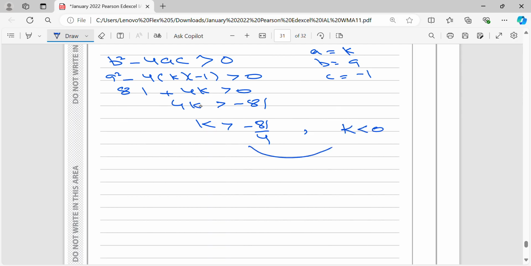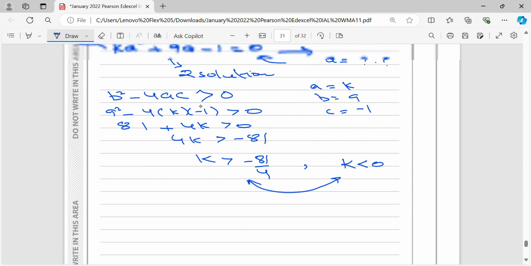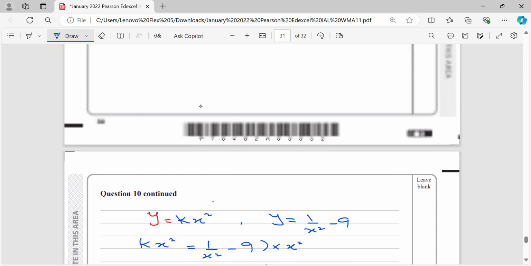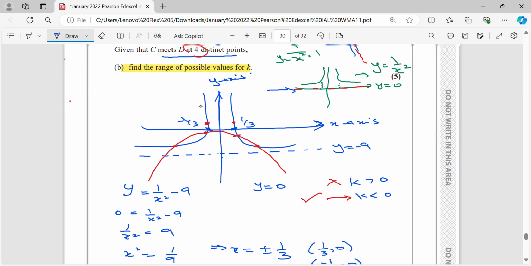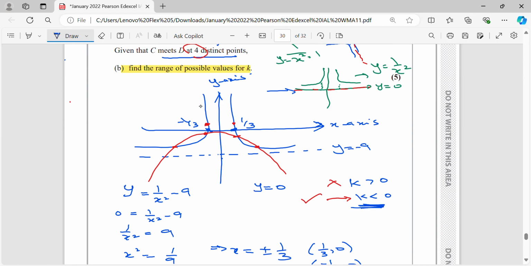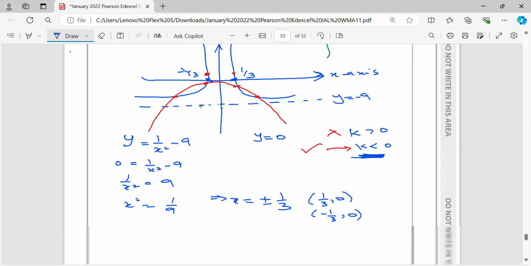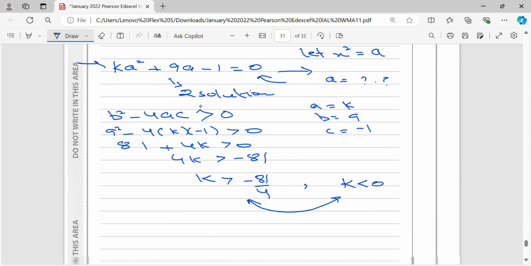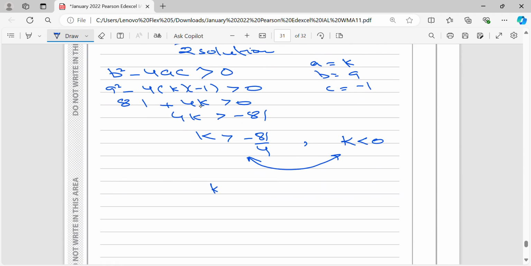So we need to combine these two answers together, because we just showed here how k is less than 0. Why is k less than 0? Because the curve meets at 4 distinct points. So we need to combine these two results. So k is less than 0 but greater than -81 over 4.